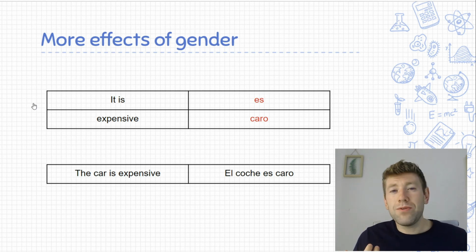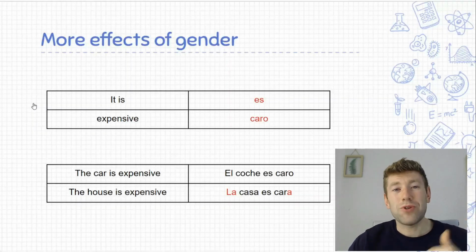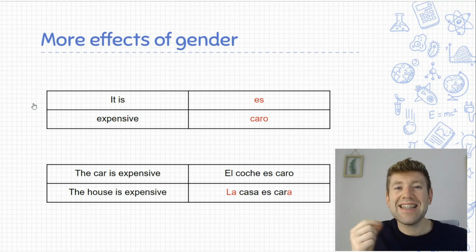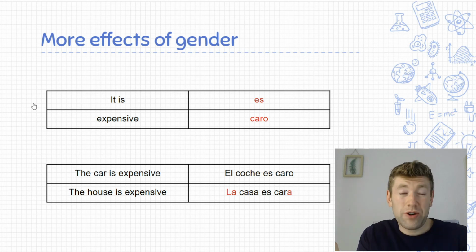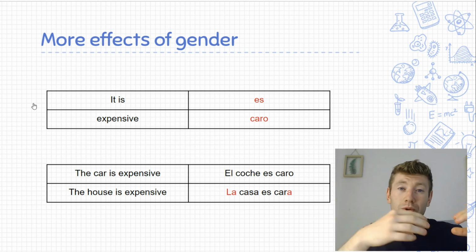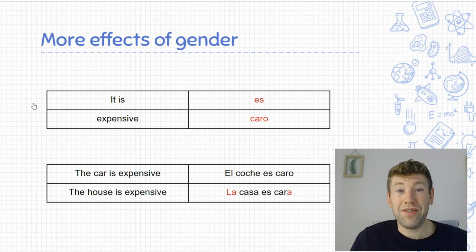However, if we were to say the house is expensive, not only do we change the article, which would be la, we also have to say la casa es cara. So you can see here the describing word, expensive or caro, because it goes with the feminine noun, it needs to convert itself or transform into a feminine adjective.